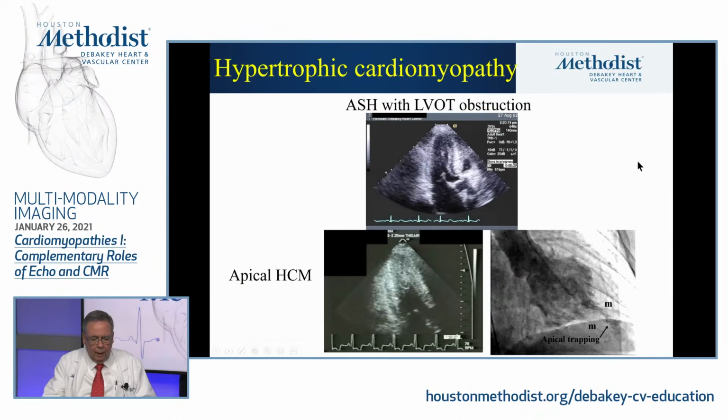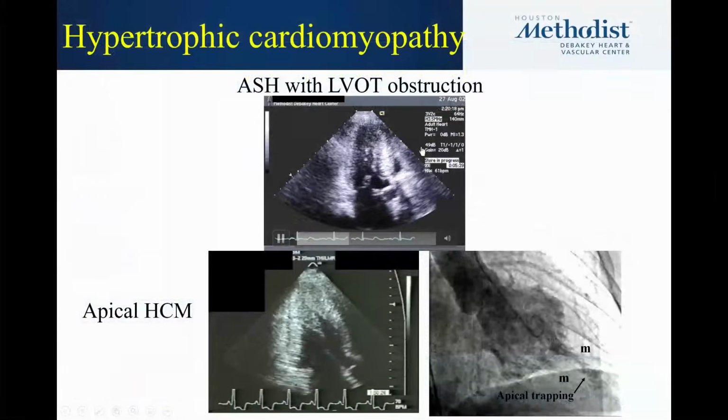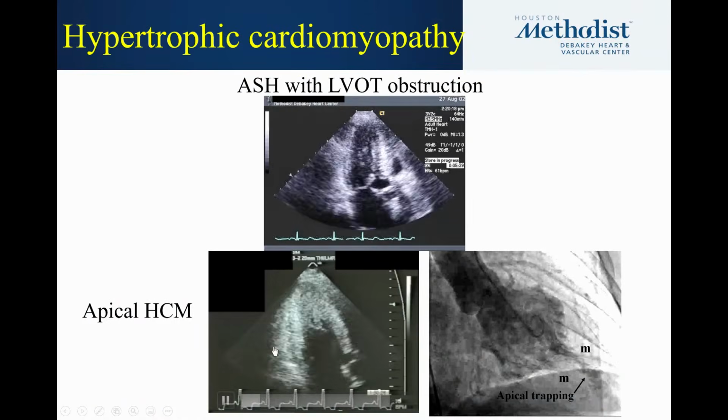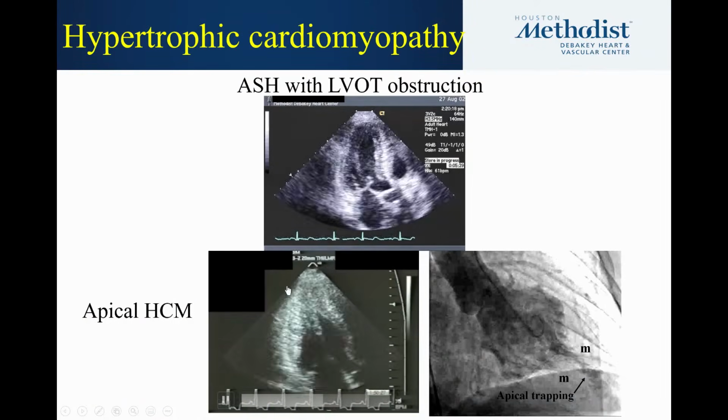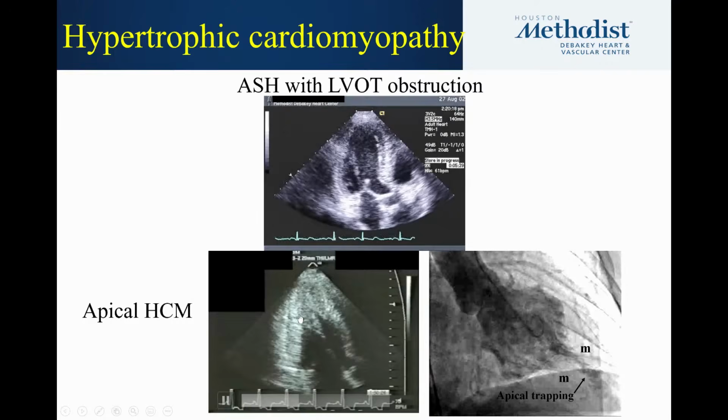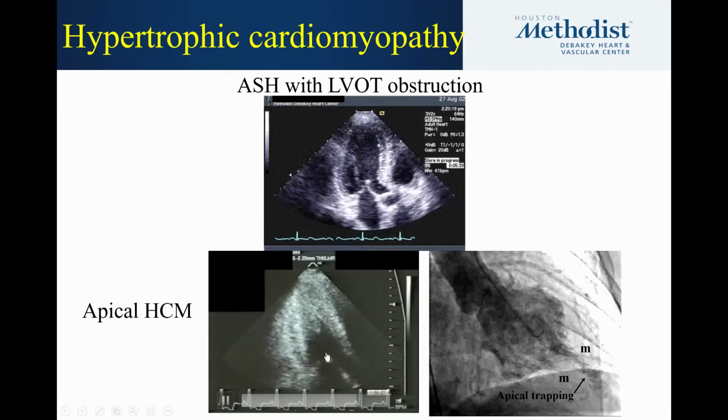So here we have a typical HOCM, but here we have the apical variant. And you can see that a lot of the hypertrophy is expressed towards the apical segments of the LV rather than at the base of the LV.